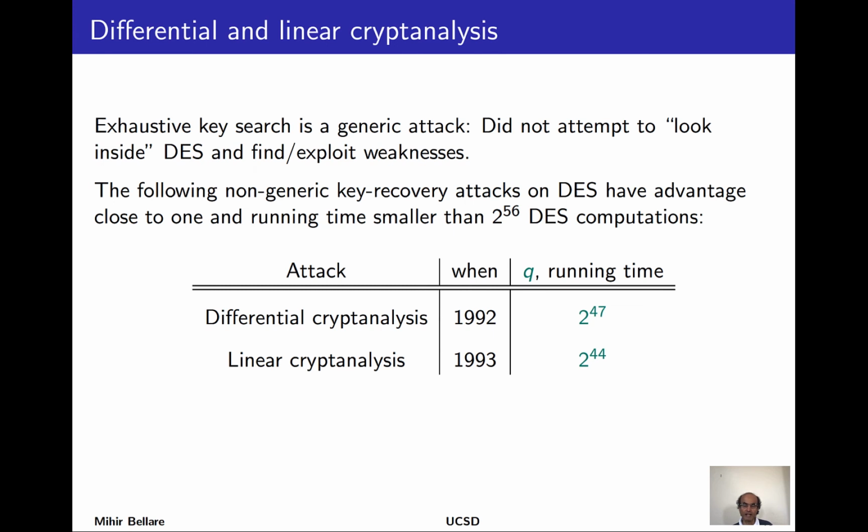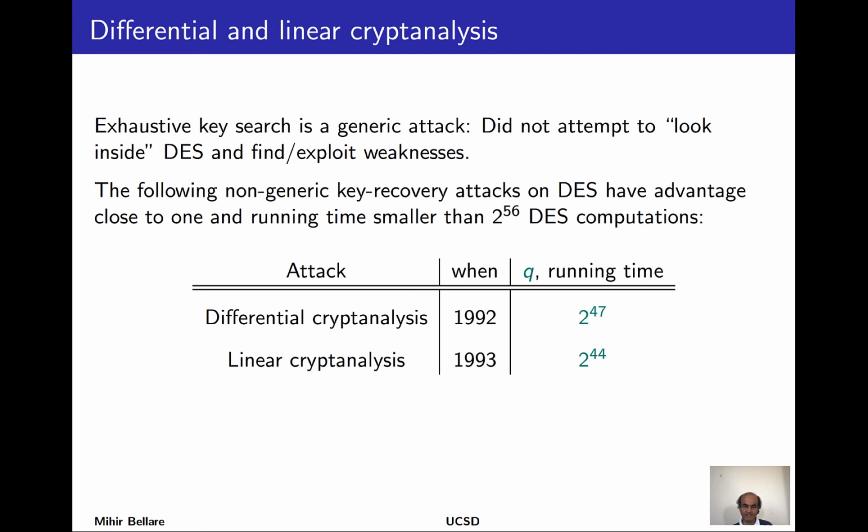So cryptanalysts, after DES was introduced, started thinking, what if there are actually weaknesses in the design that lead to better attacks? And so they put a lot of effort into figuring out if there are such methods. And indeed, they did find some.